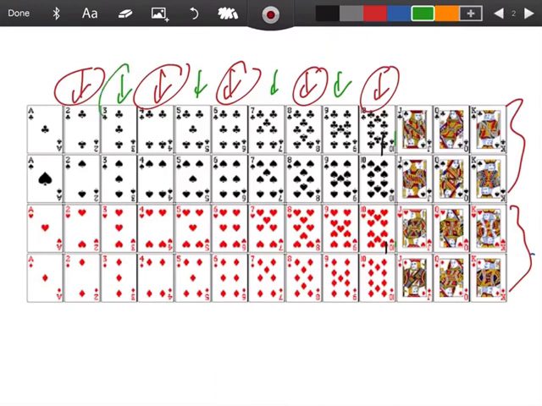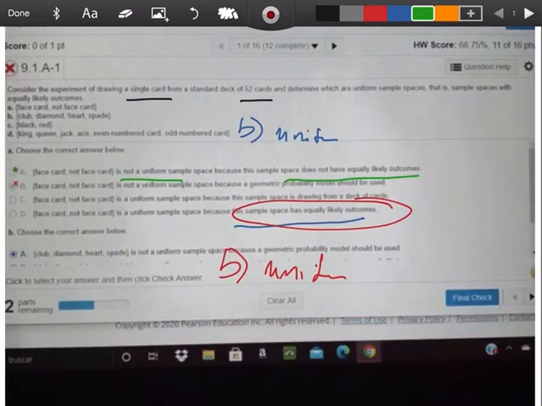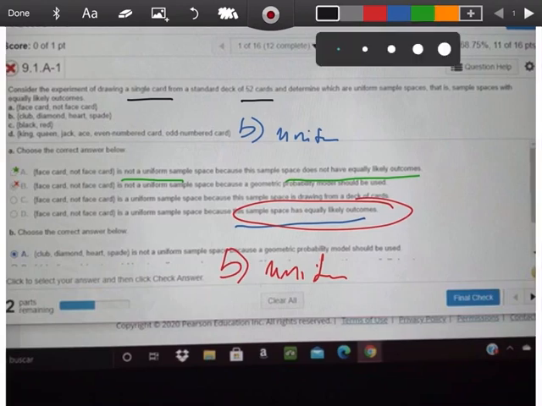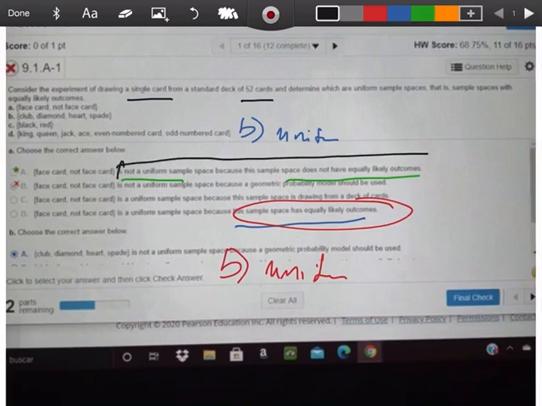And how many odds did we have? 1, 2, 3, 4. So no, right? We would go back and we would say this for part D. I would say it's not a uniform sample space because we don't have equally likely outcomes, right? And that's just looking at these two. So just the fact that I was able to determine those are not equally likely, I know that the whole thing won't be equally likely, right?